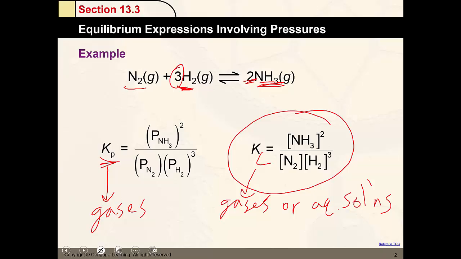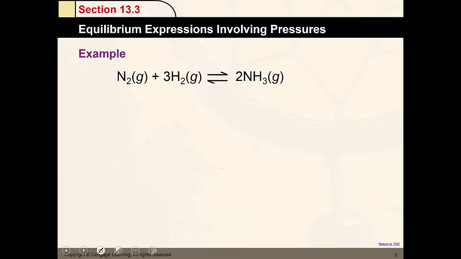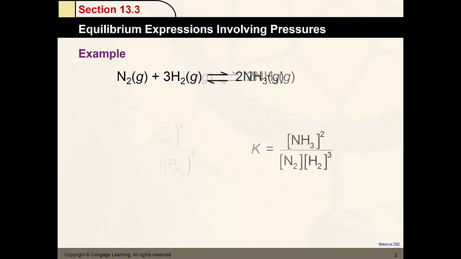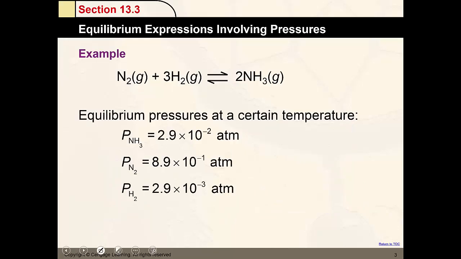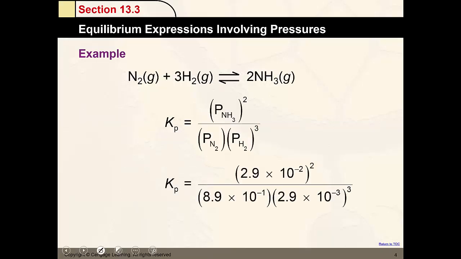Then much like what we did for Kc, where we calculated it out when given the concentrations, you should be able to do the same thing if given the equilibrium pressures of each of the reactants and products. So using what we set up on the last slide, using that equation, now we should be able to input each of those into our formula here and get our final answer for Kp.